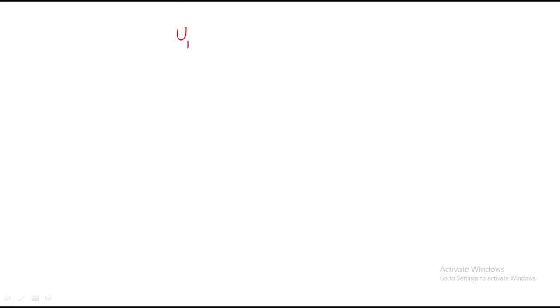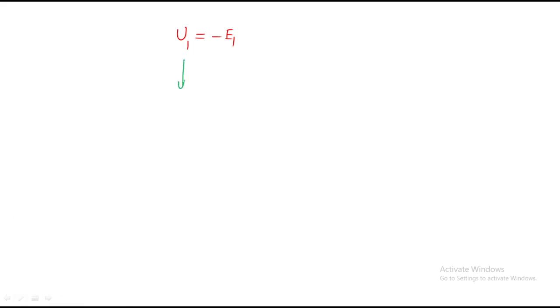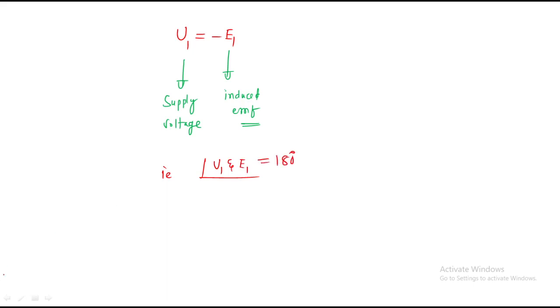V1 is equal to minus E1, right? This is the basic scenario. This is the supply voltage. This is the induced EMF with respect to excitation, same coil. That's why V1 is equal to minus E1. That is, the angle between V1 and E1 is equal to 180 degrees.